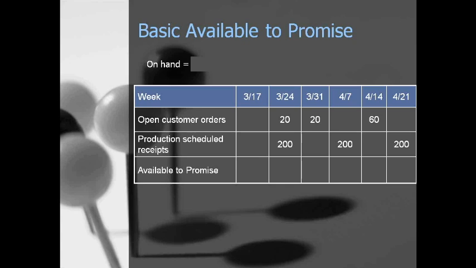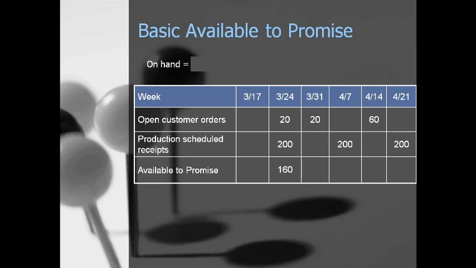So if we work that logic, the available to promise for the week of 3/24 and 3/31 will be the 200 pieces of scheduled production receipt on 3/24 minus the current open orders of 20 in the week of 3/24 and 20 in the week of 3/31, which will give us an available promise before the next production run comes in the week of 4/7 of 160 units.